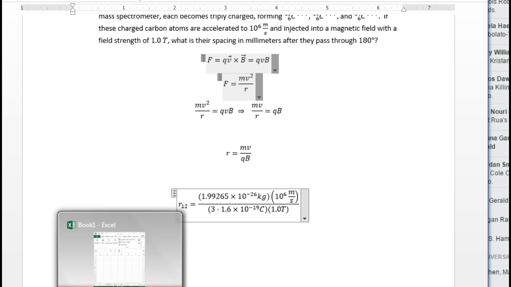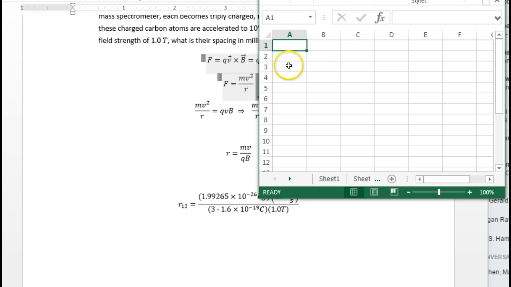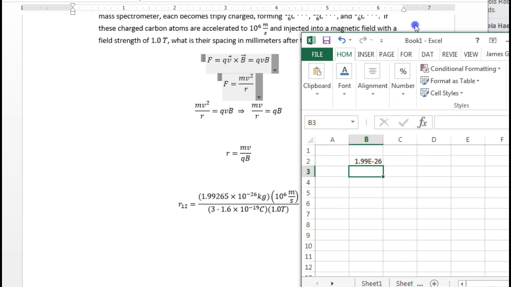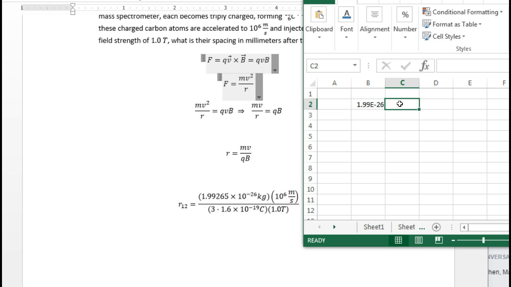So I'm going to pop over and set up this calculation in Excel. The mass is 1.99265 E minus 26. 1E6 is the velocity, 3 times 1.6 E minus 19 is the charge, and 1 Tesla is the magnetic field.